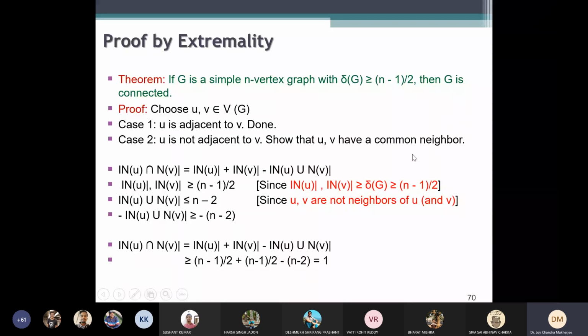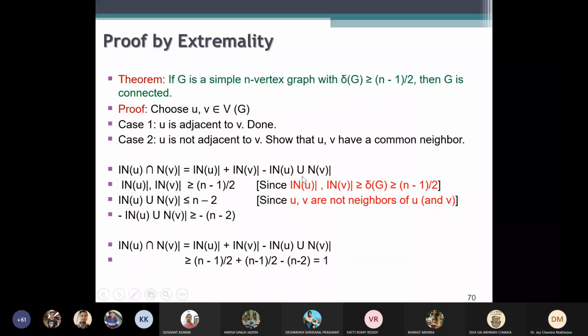How do we prove it? N(u) denotes the neighbors of u, so the vertices which are neighbors of u. So N(u) intersection N(v). From set theory we know that it is |N(u)| plus |N(v)| minus |N(u) union N(v)|.